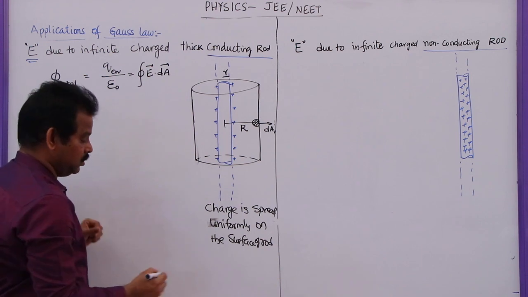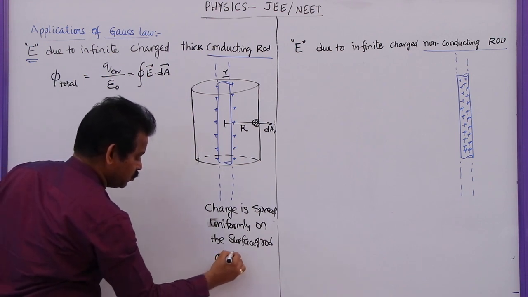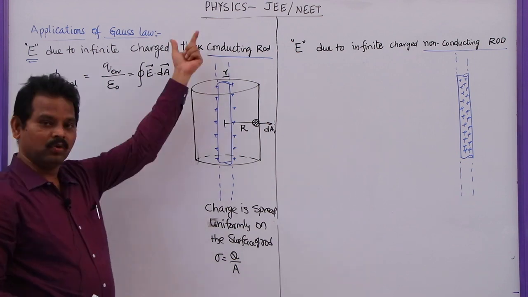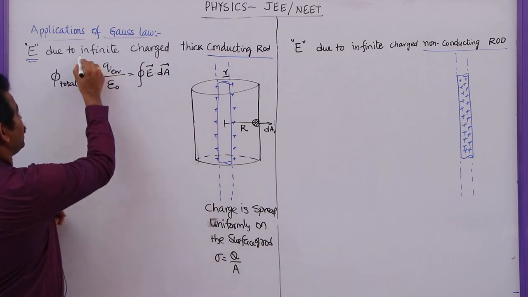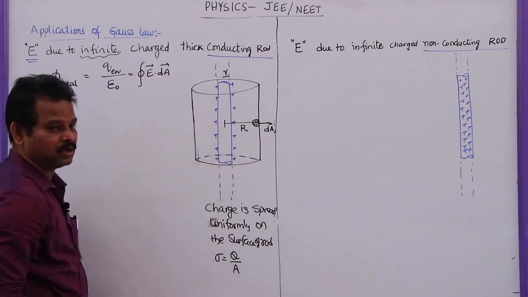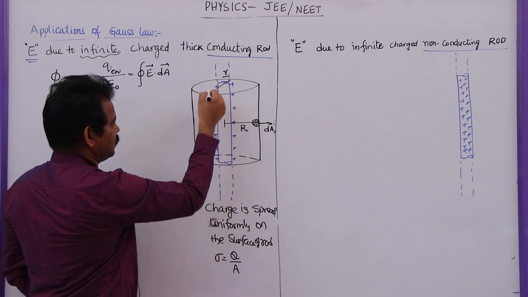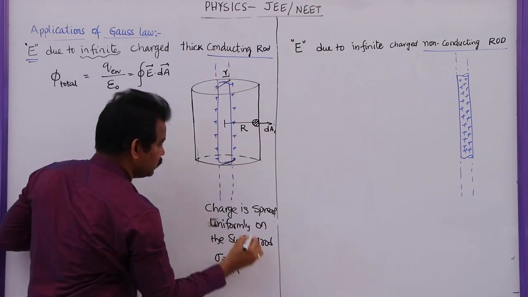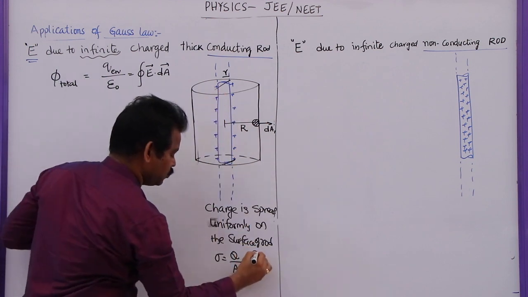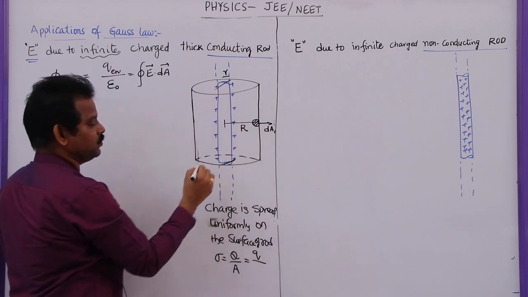So here sigma is equal to the total charge on this rod by total surface area. But the total charge we don't know on the total surface area, because this is infinitely long, so I cannot find the total area. But if you take these two limits of this rod, we can write the charge on this one is Q and the area of this one.